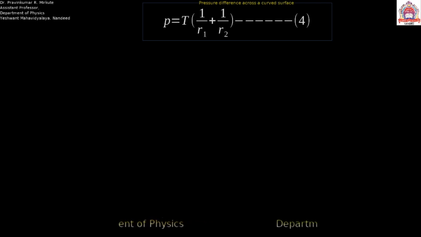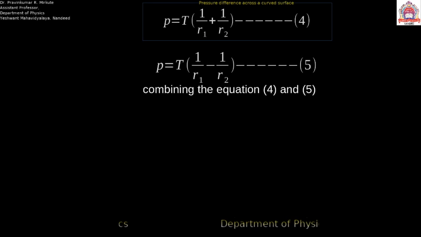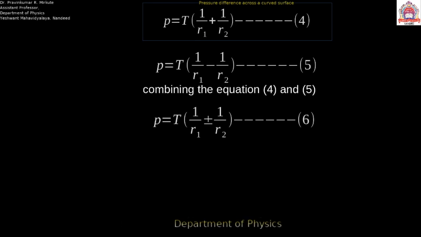So if one of the curvatures is convex and the other is concave, the radii of curvature R1 and R2 are of opposite sign. Thus in such a case we get P is equal to T (1 by R1 minus 1 by R2). So combining these two equations 4 and 5, we may write the general relation as P is equal to T into (1 by R1 plus or minus 1 by R2).